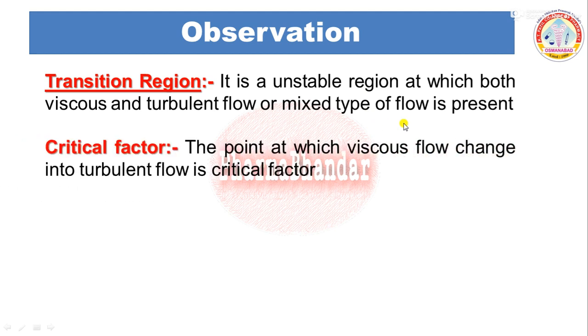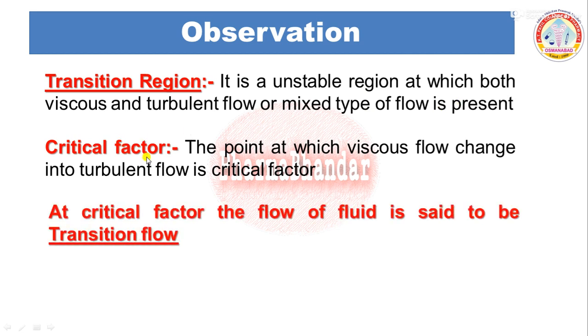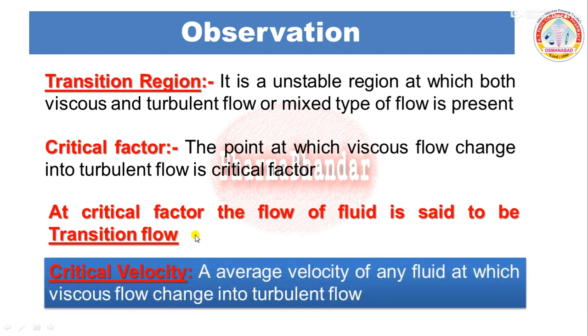The point at which this mixed type of flow is present is called the critical point, and at such a point the third type of flow is observed, called transitional flow. And the velocity at this transitional flow is called the critical velocity, and it is the average velocity of any fluid at which the viscous flow changes into turbulent flow, or vice versa, depending upon the condition.